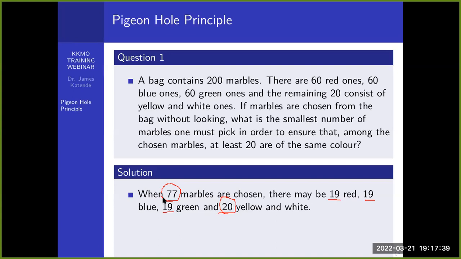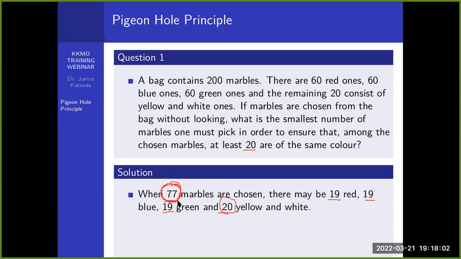That gives you a total of 77. So if you pick 77, you cannot guarantee that there will be at least 20 of the same color, because you have found a configuration where there are not 20 of the same color. So your answer must be more than 77, right?